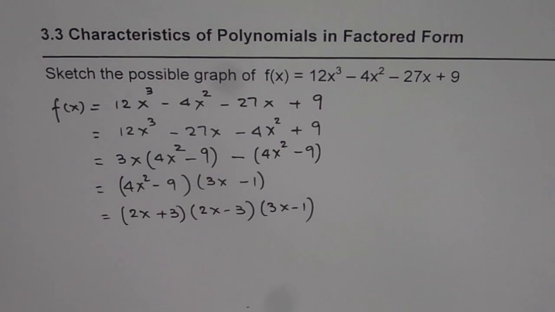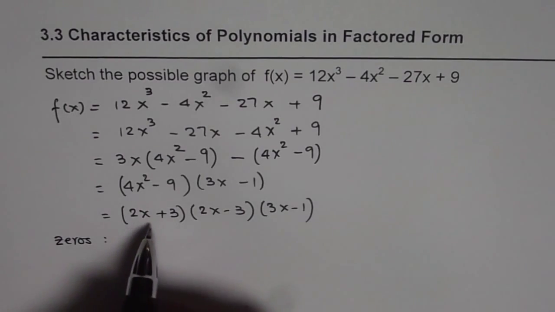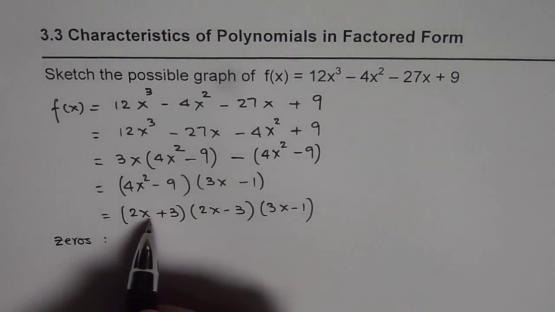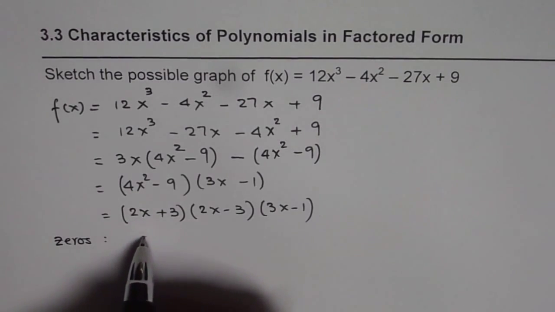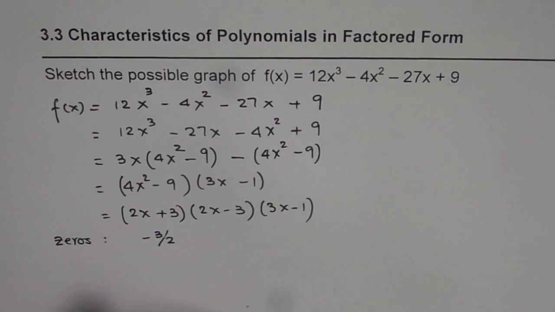Now with what you have learned about how to sketch, let us sketch it. What you know from here is you have 3 zeros, right? 2x plus 3 is 0 when x is equal to minus 3 over 2. So this zero is at minus 3 over 2, that is minus 1.5.